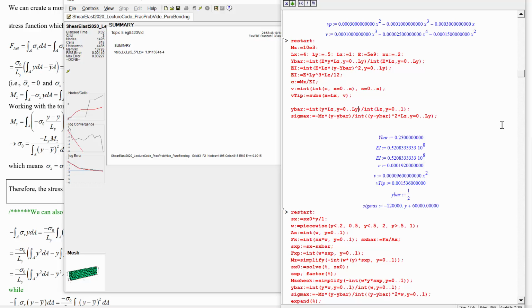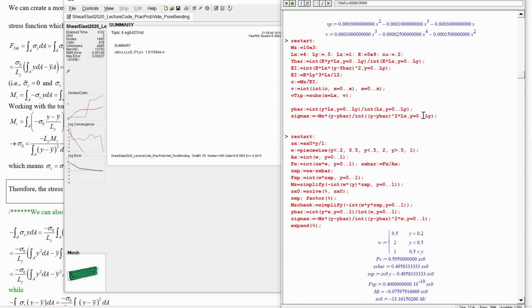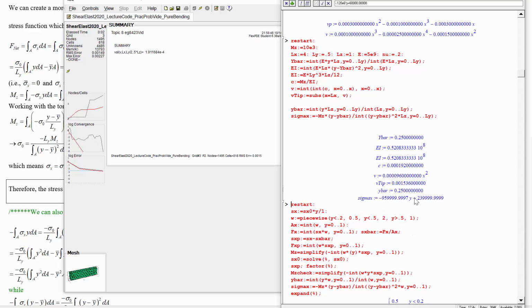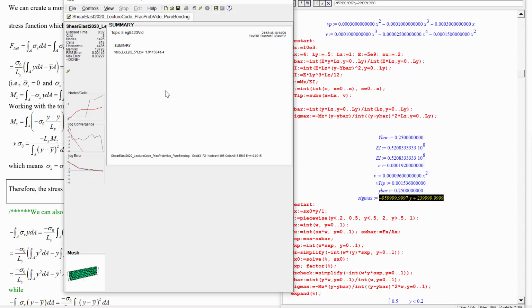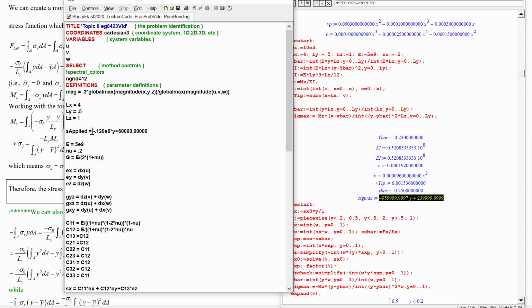So this is Ly, Ly. We were not careful enough when we copied that formula over to get the correct new y bar, and we didn't think about it. The y bar should be right in the middle. It should be 0.25, not a half.